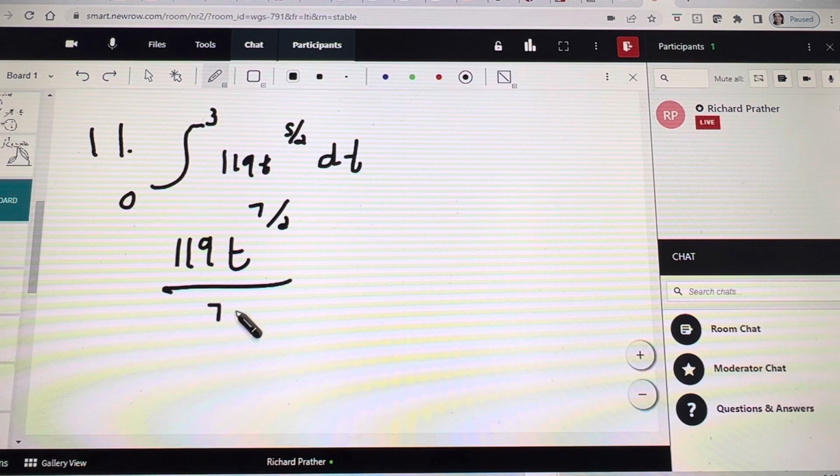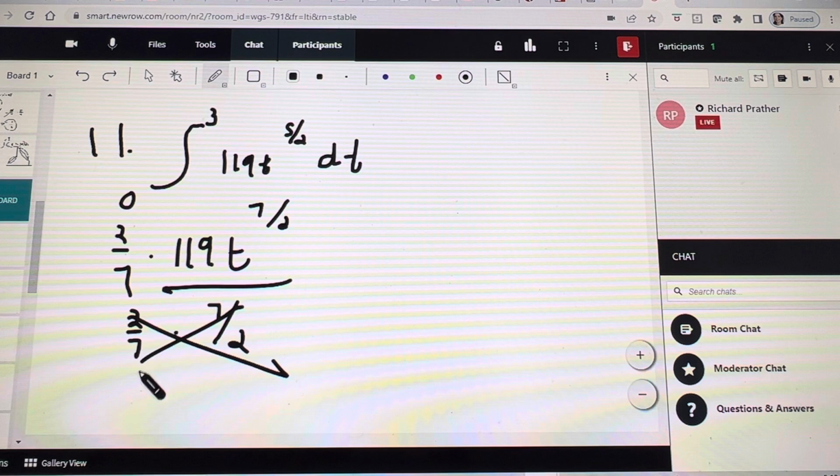Divide by that same exponent, and then you can flip the second and multiply. And then we're going to evaluate this from 0 to 3. Big F of 3 minus big F of 0.